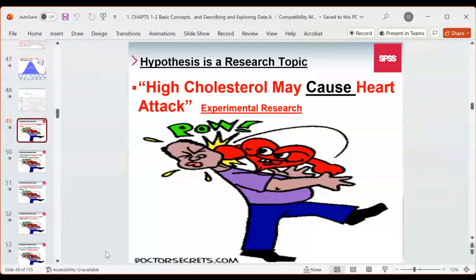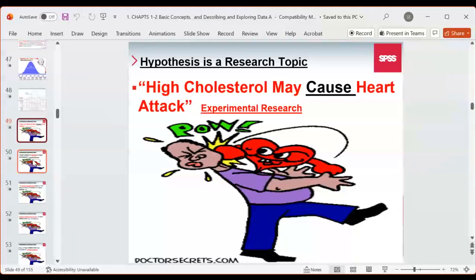But the way you say it calls for different types of research. For example, if you say high cholesterol may cause heart attack, that's causation, cause and effect. That is experimental research. There's experimental research and non-experimental research, with many types of each that you need to know and learn in your research methods if you haven't.